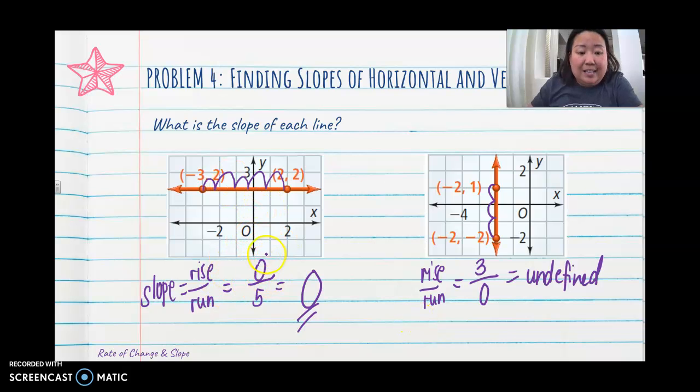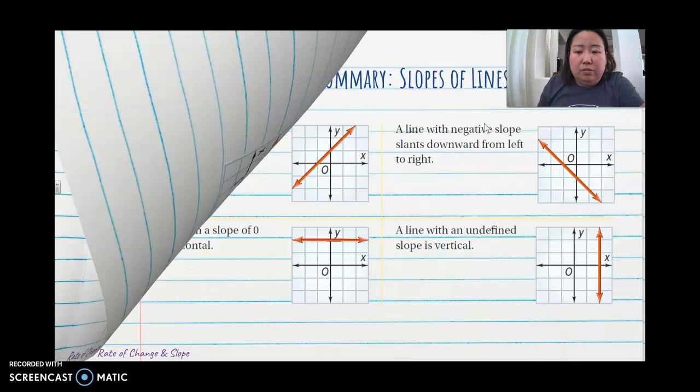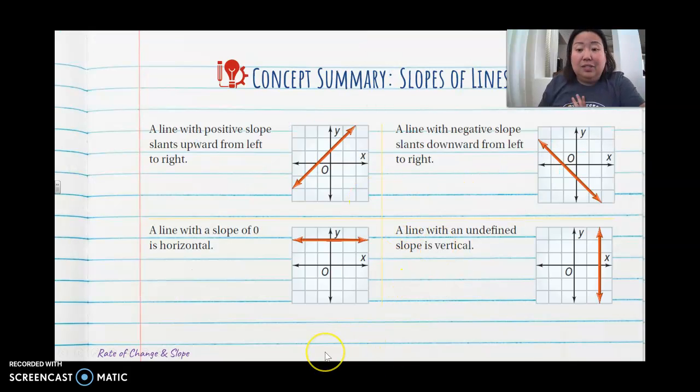Horizontal lines have 0 slope, because there is no vertical change. In the case of vertical lines, they do have vertical change, but there is no movement left to right, and so the slope is undefined.